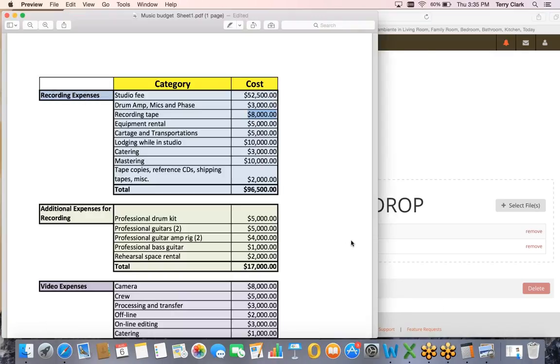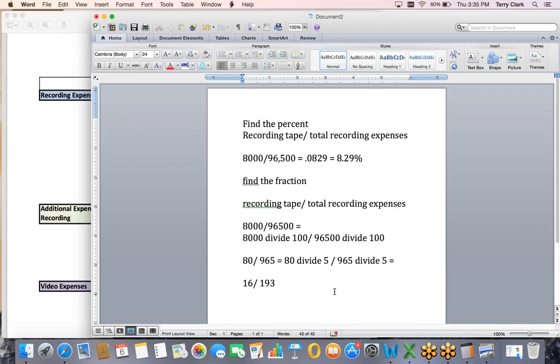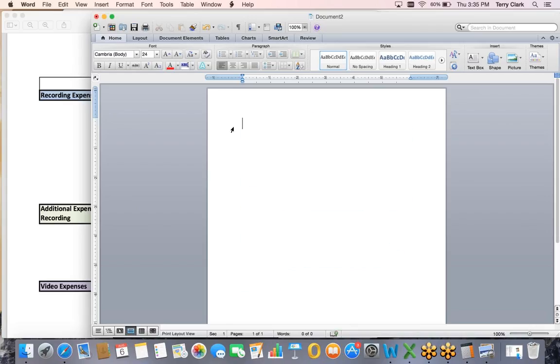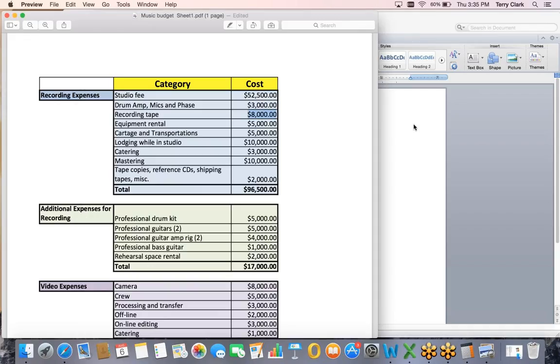Let's say that the actual amount for it was 7,000, and then they would want to know what percentage off it was. So let's say we had a budgeted amount of 8,000, but it only actually cost 7,500. Okay, and we're still working with that recording tape.